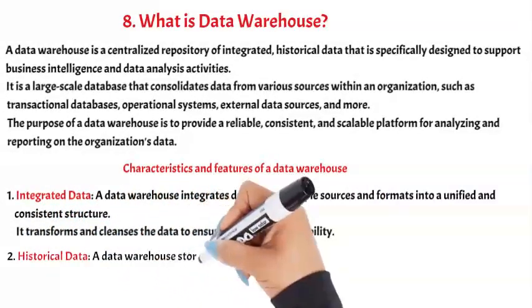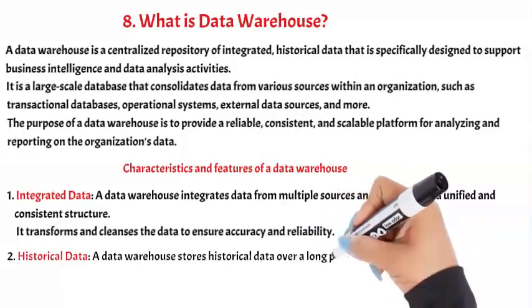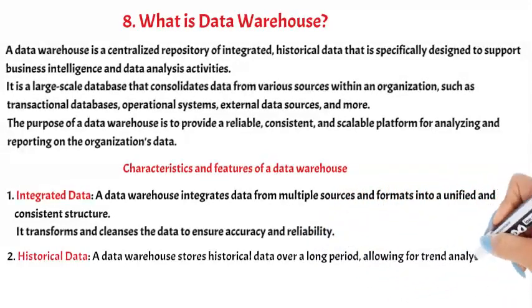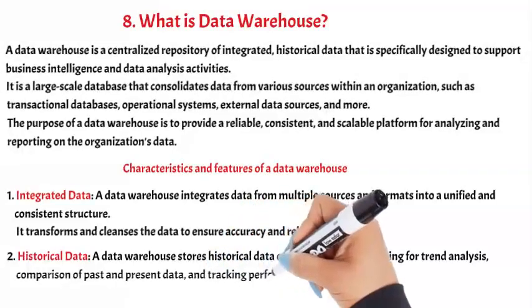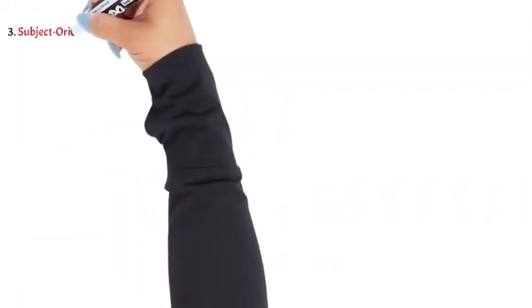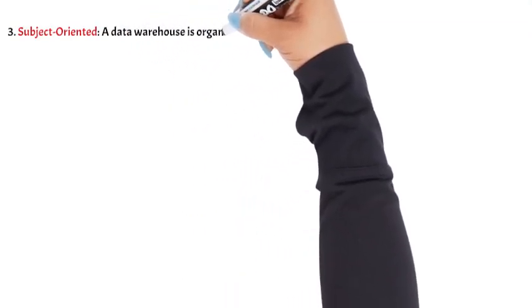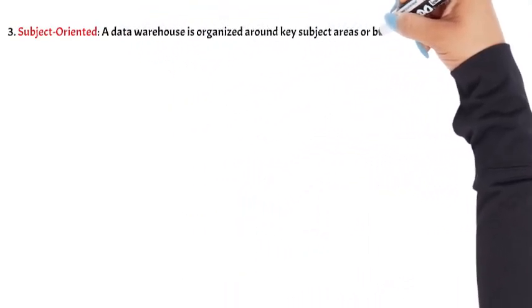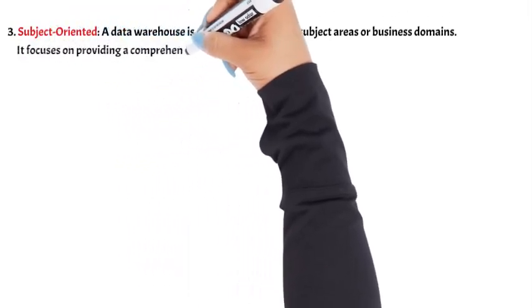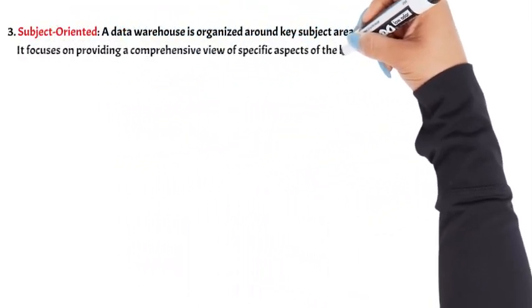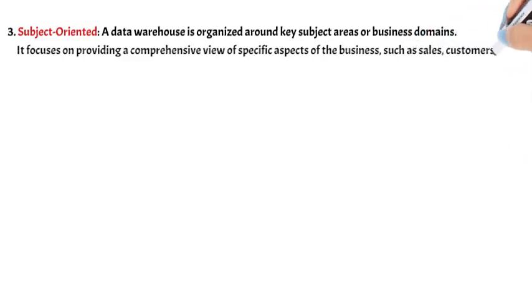A data warehouse stores historical data over a long period, allowing for trend analysis, comparison of past and present data, and tracking performance over time. 3. Subject-oriented. A data warehouse is organized around key subject areas or business domains. It focuses on providing a comprehensive view of specific aspects of the business, such as sales, customers, products, or finance.